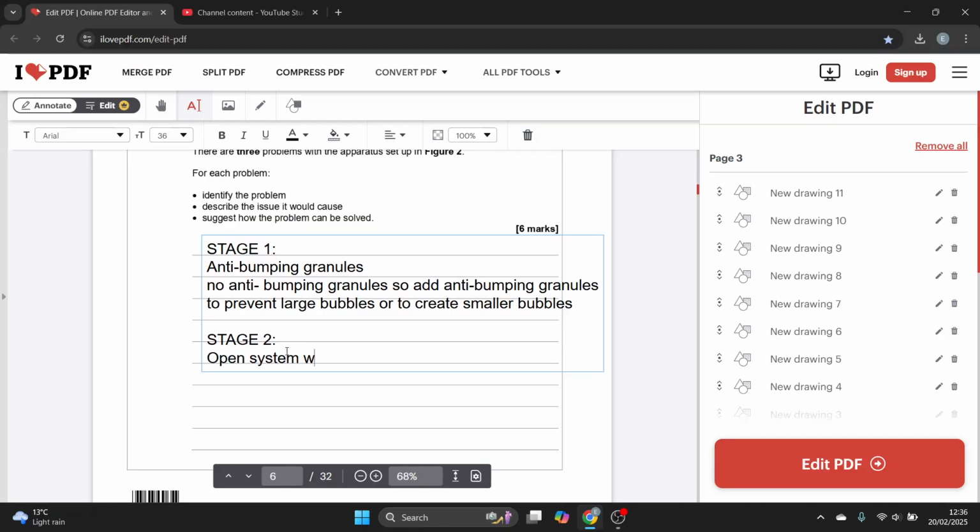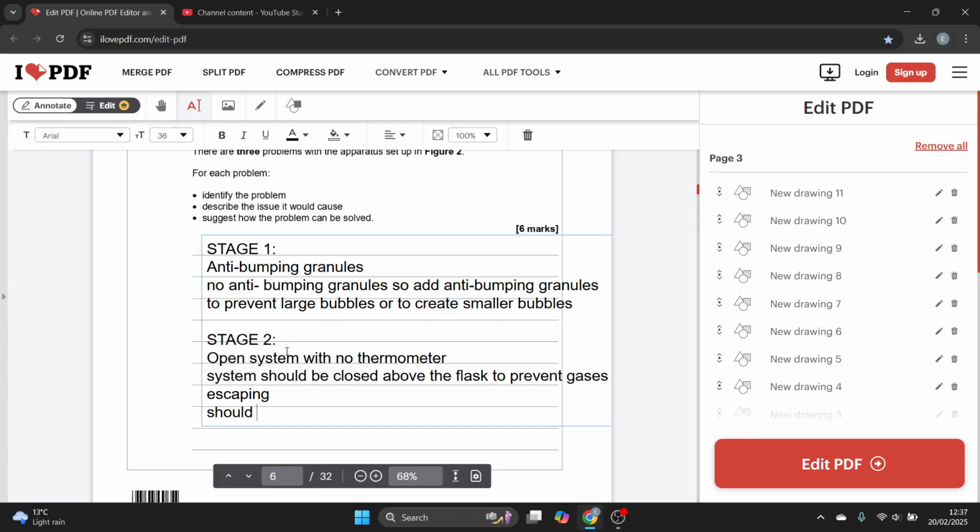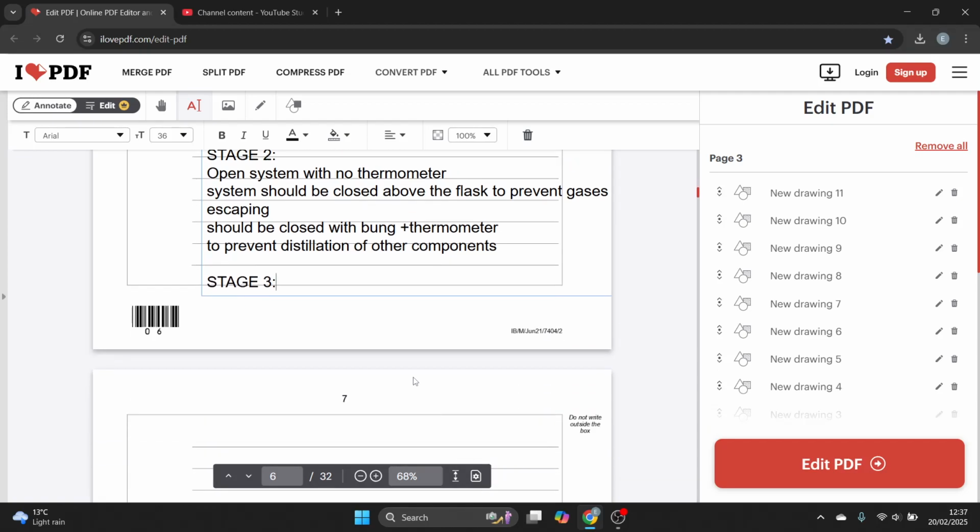The system should be closed above the flask to prevent gases escaping. It should be closed with a bung, plus a thermometer is needed as well, to prevent distillation of other components. So to allow the collection of only propanone, which is what they're trying to collect.